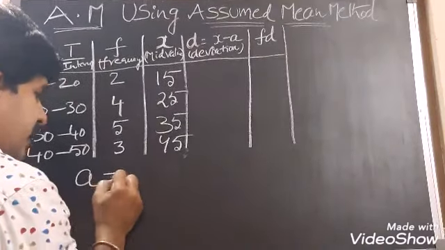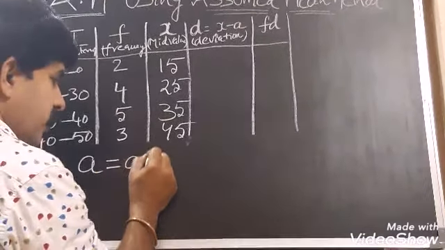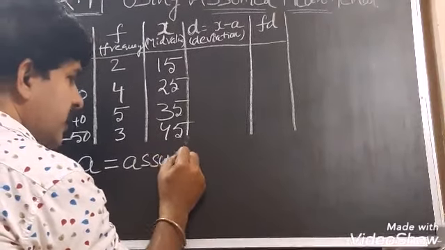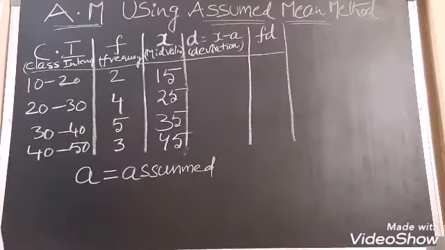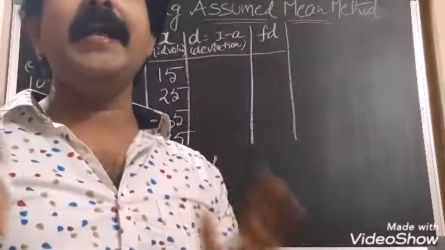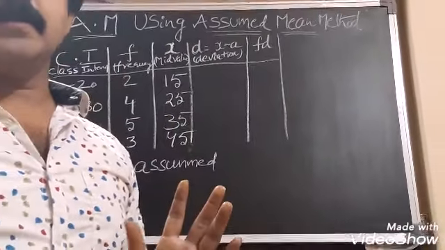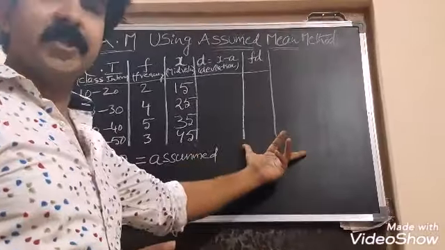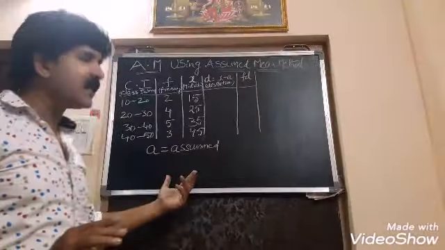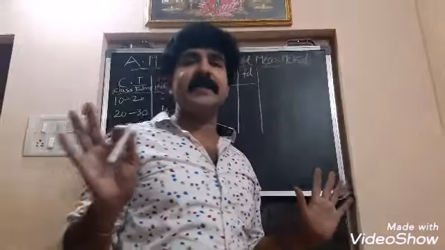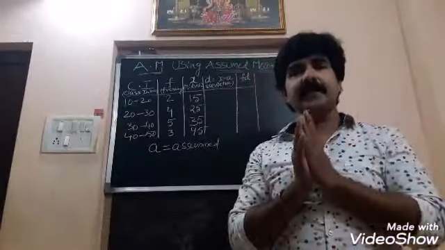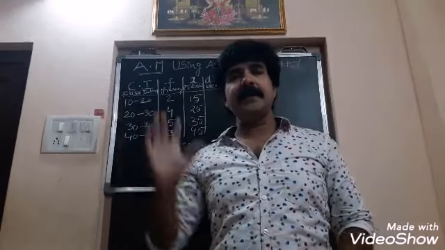So let you write here, A is equal to assumed mean. We assumed that it is a mean. There would be a difference between assumption and actual calculation. So we will find the deviation and we will add or subtract it to the assumed mean. You are assuming a mean, that is a separate thing.